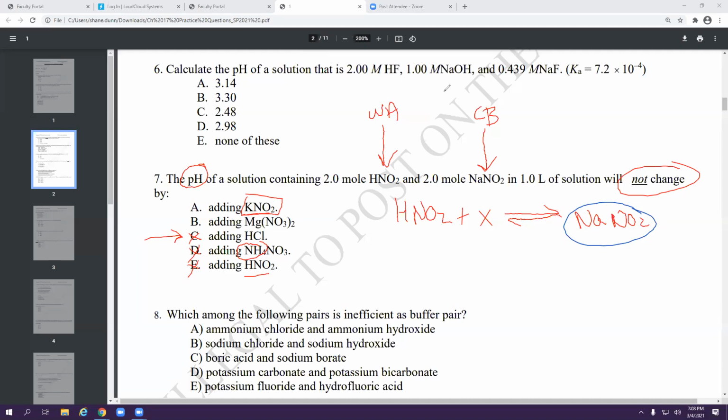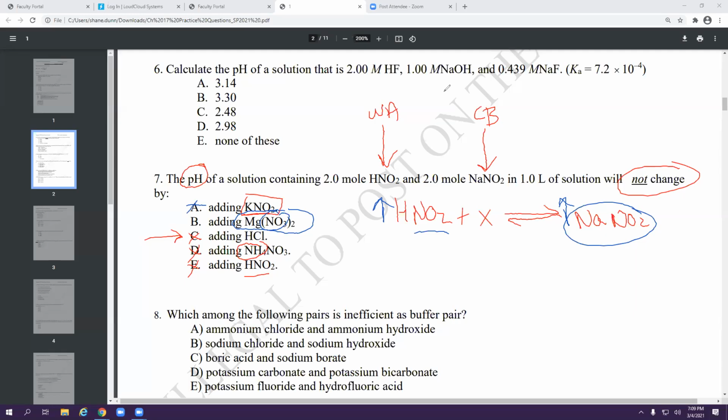If I add that to the solution, it's going to act just like sodium, right? So sodium is going to technically increase. If sodium over there increases, what happens? I make more of this, right? Le Chatelier's principle. I increase that side, so it has to make more reactant to compensate, correct? Did I just make more acid because of that? Is that changing the pH? Yes. A is wrong.